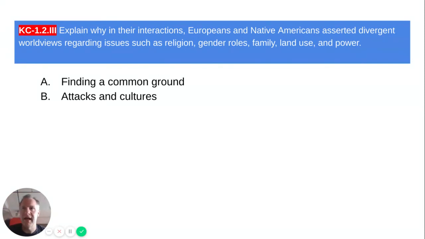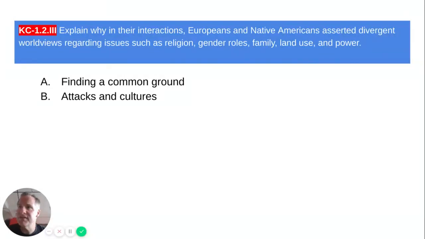And unfortunately, conflict will be the route that most European nations take when it comes to interacting with Native people who have different cultures. So we will see attacks on Native culture through military means from Europe.